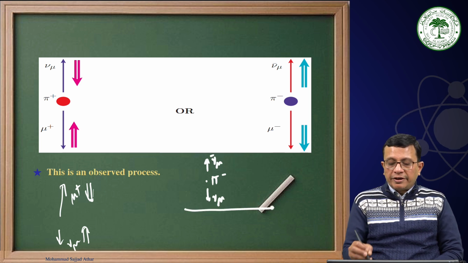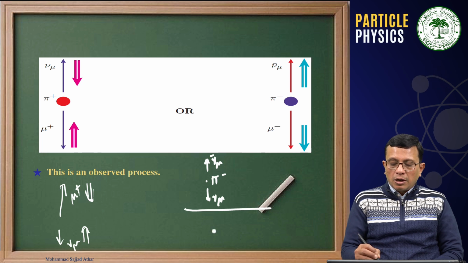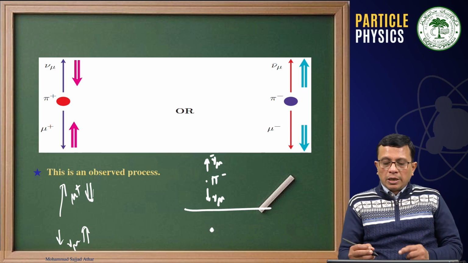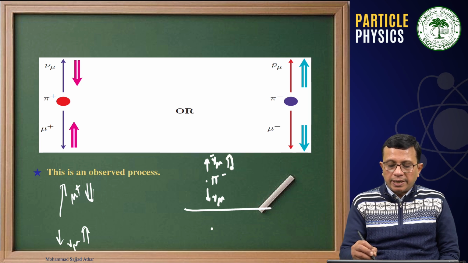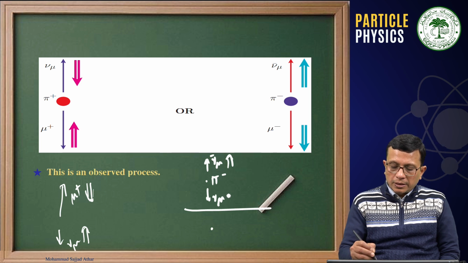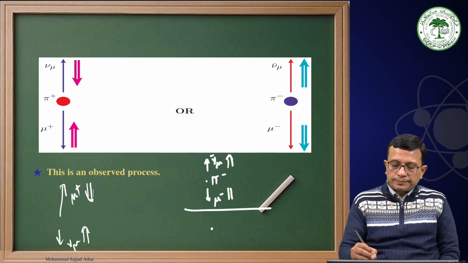Now we take the mirror reflection of this. Now what will happen? As we know, spin has nothing to do with mirror reflection. Therefore, this is a right-handed antineutrino, and this was mu minus. This was also right-handed.